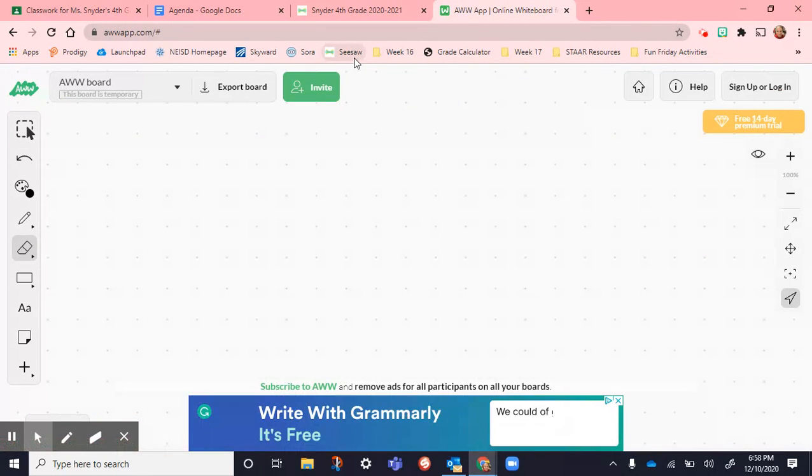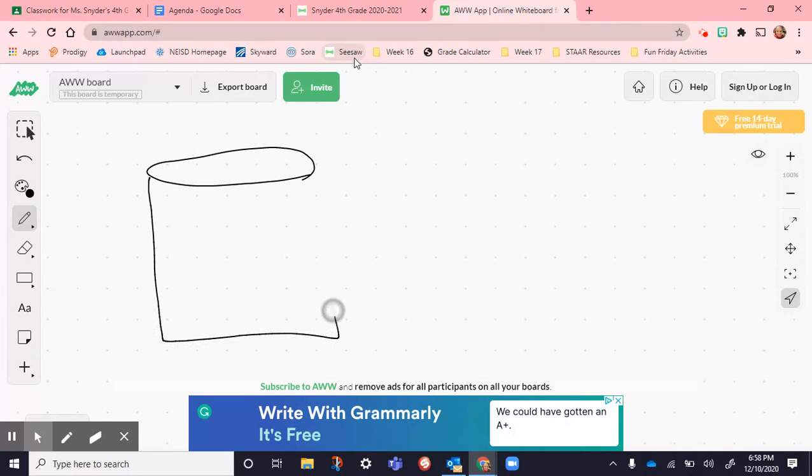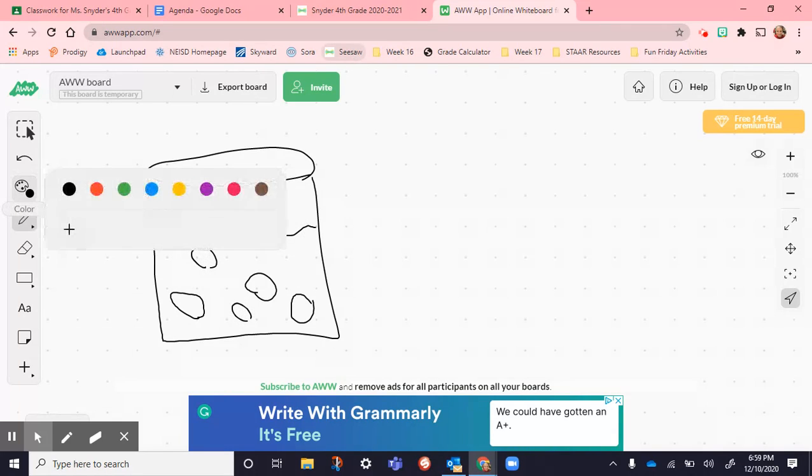So we watched that about the groundwater, and then we took a plastic cup. We took a plastic cup, and on the inside we filled it with little rocks, little pieces, little gravel, and we filled up the rest with soil.